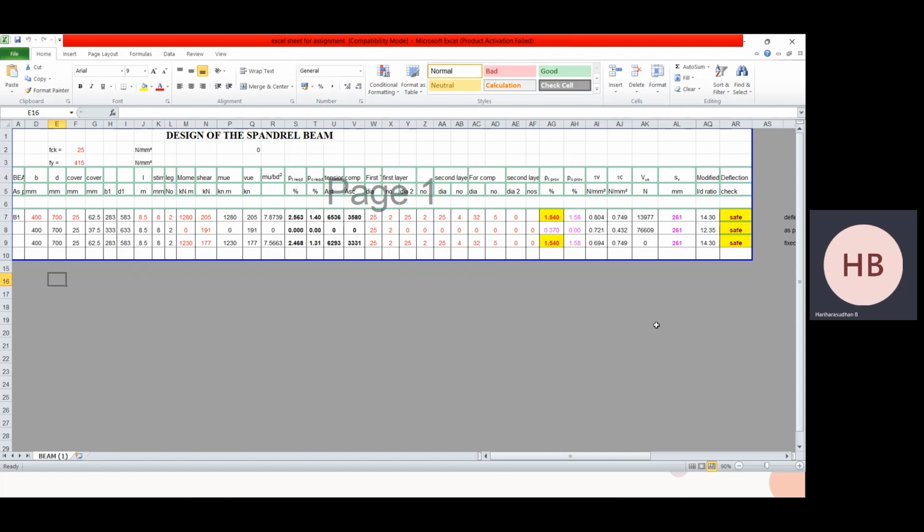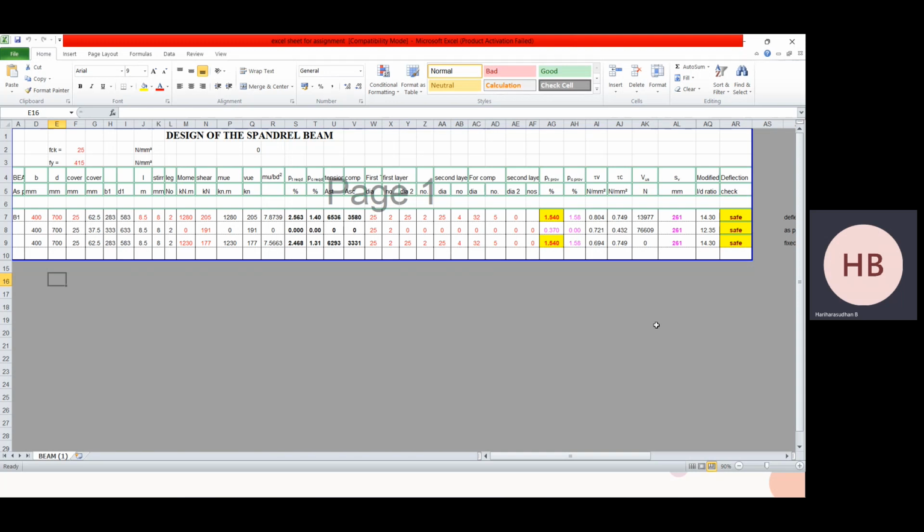Then the area of tension and compression steel will be found out by using the formula 100 Ast divided by bd, or Ast = p into b into d divided by 100. The same formula is used for finding out Asc.